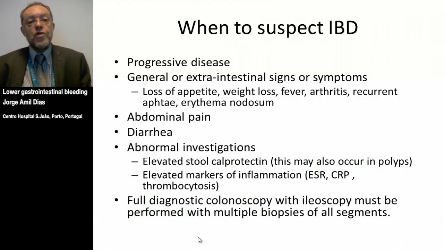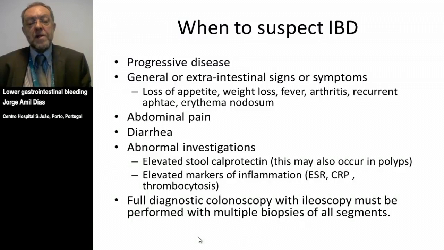There may be general or extraintestinal signs and symptoms like loss of appetite, loss of weight, fever, arthritis, recurrent aphthous ulcers or erythema nodosum. All of these point to a diagnosis of possible inflammatory bowel disease, as well as recurrent abdominal pain or recurrent diarrhea with loose stools.